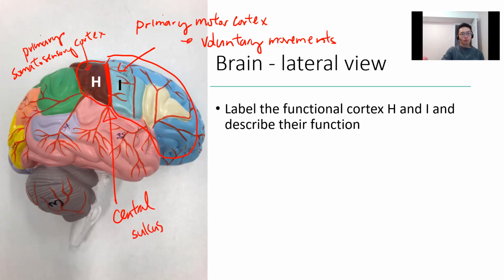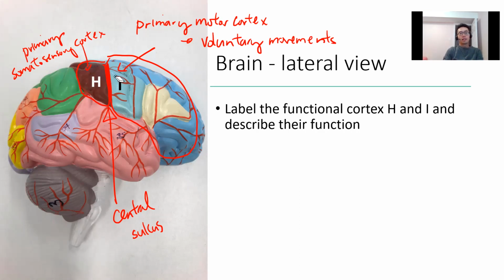This is the pre-central gyrus, and this is the post-central gyrus. On the pre-central gyrus, you will find the primary motor cortex. It seems like it's pointing at the same thing, but the gyrus refers to the physical location in the brain, and the cortex refers to the functional area found in that region.